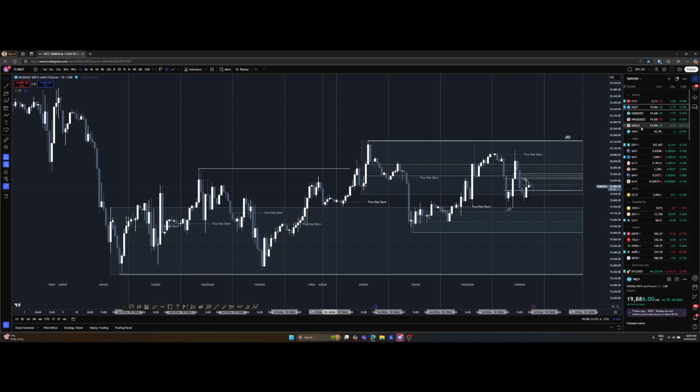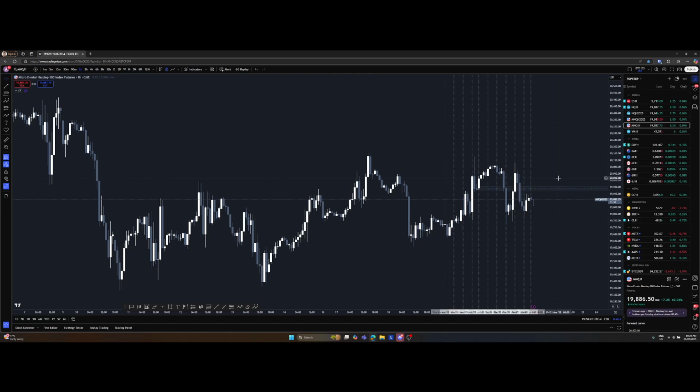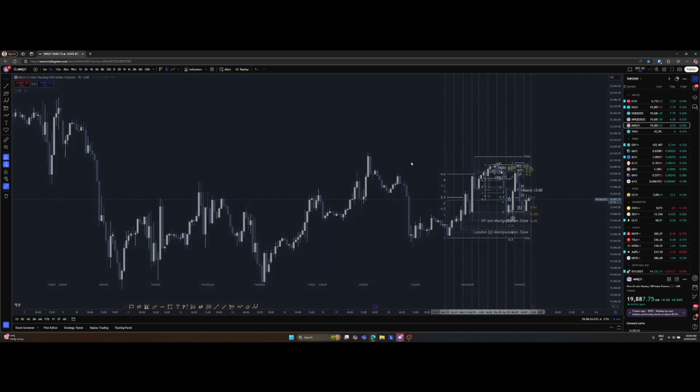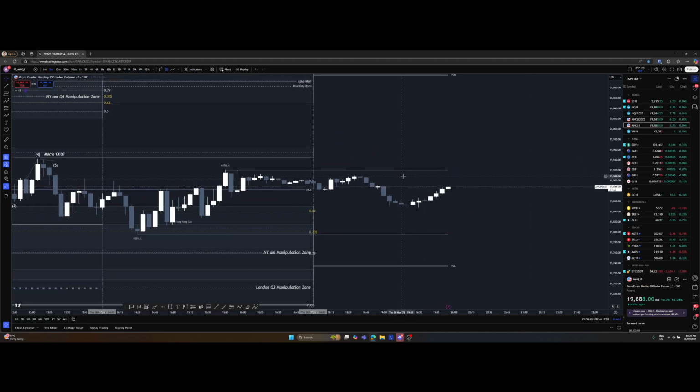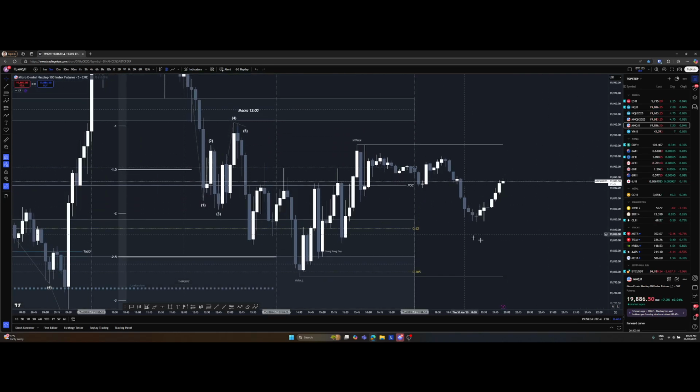We'll jump into the review. Looks like we did get that low coming in our current price action. So we've had our 7 p.m. macro down here, creating the current low of that H1 candle, and we're pushing back up.